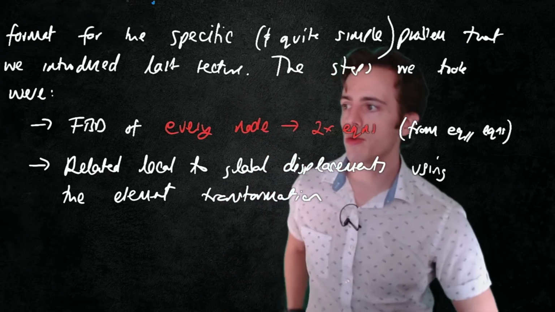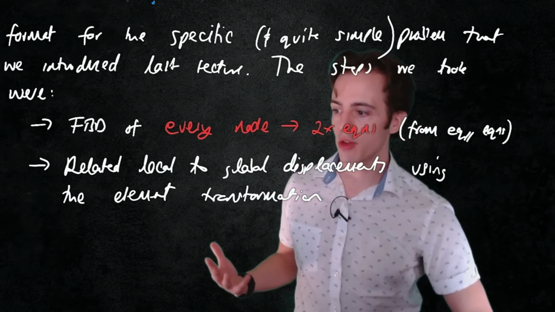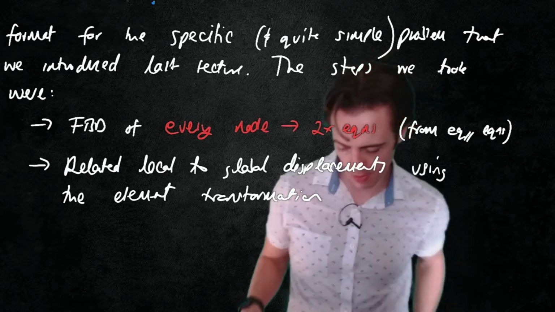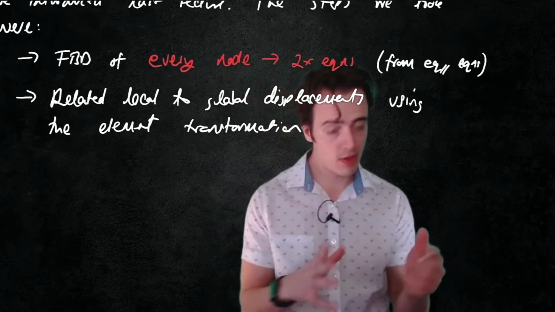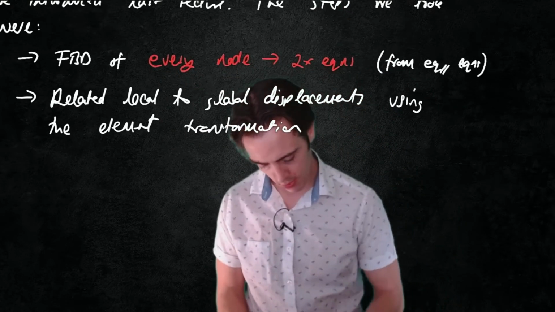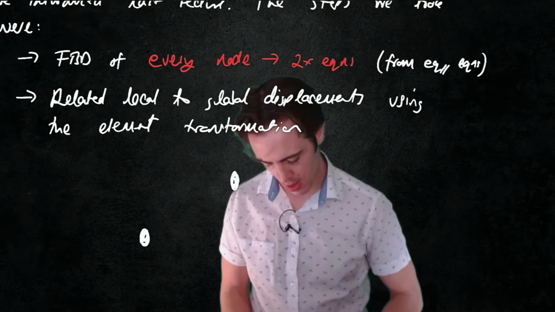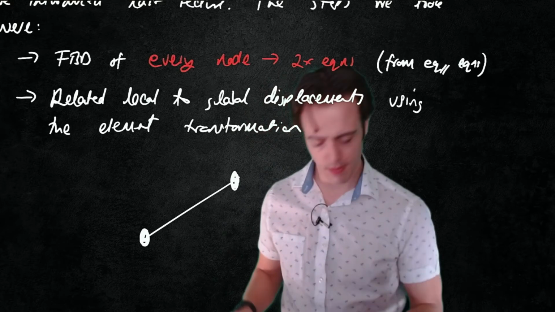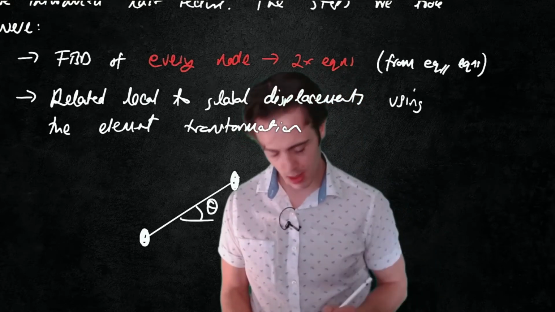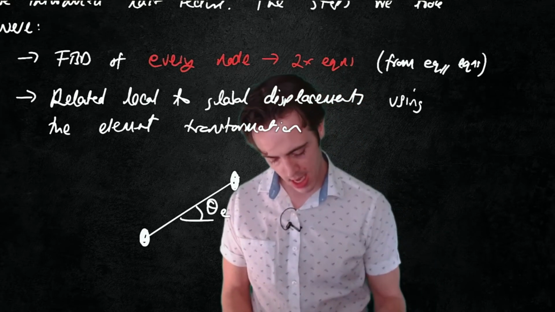Okay, and for that we use the element transformation which we introduced. The element transformation was simply that if we have an element, let's draw this, say my element goes in this direction, it's at some angle which we'll call theta e.